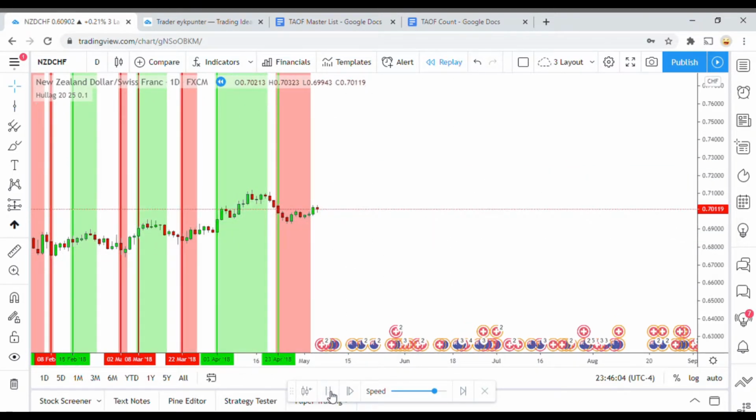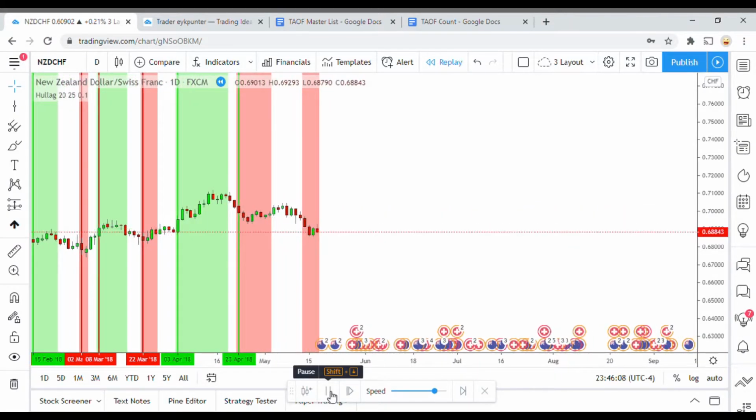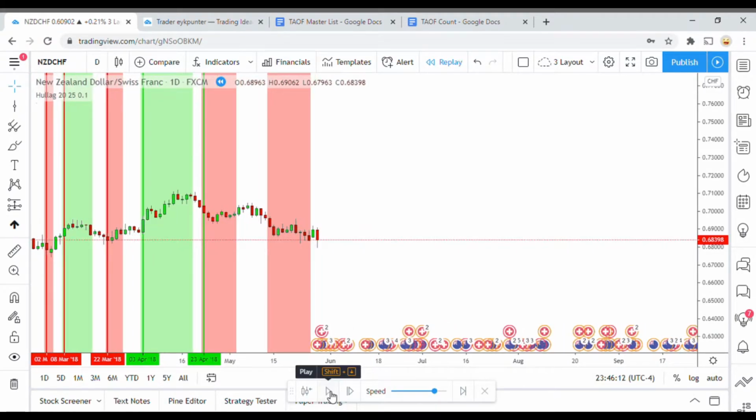Looks like it barely squeezed in, take profits. Let's see, there's a sell signal there.